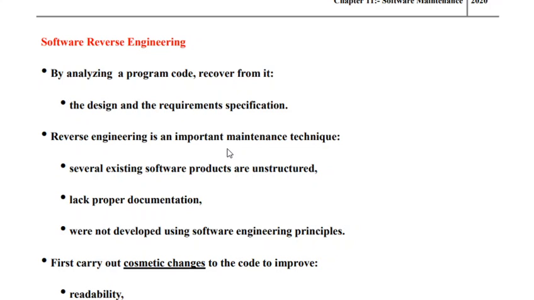Now there might be different types of software systems that you may be asked to maintain. In a situation, it may so happen that you may be asked to maintain a software application for which the set of relevant artifacts are available. For example, you have the SRS document available, the specification document, the design document, and the code available.